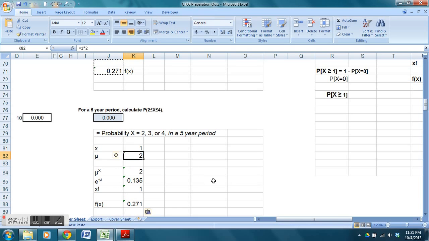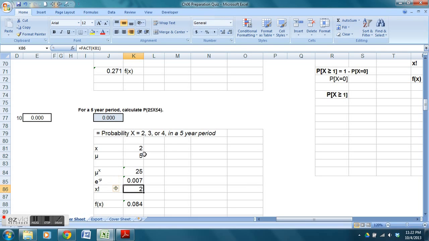Now, let's take this guy out, and let's just solve for the probability of 2 accidents in a 5-year period first. So there's our 2 accidents, and now we want to say the average number, what's our interval? 5-year period. What's the average number of accidents that happen in a 5-year period? That's what this mu is. It's 5.